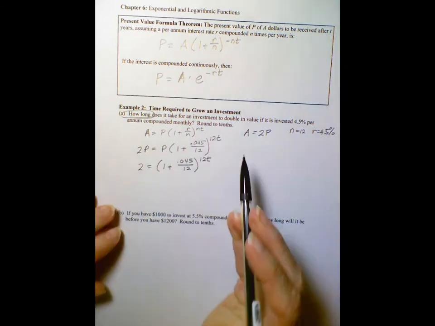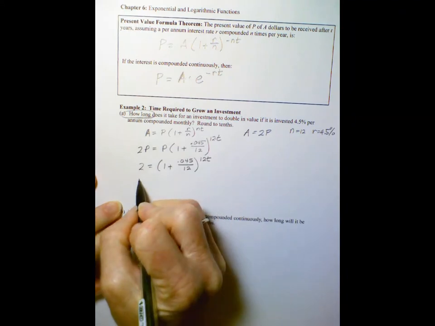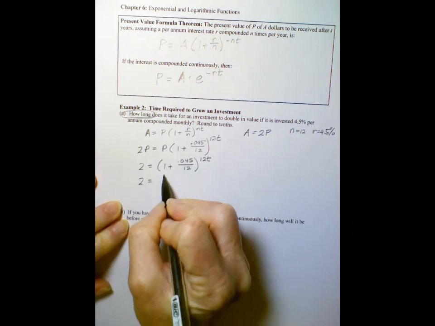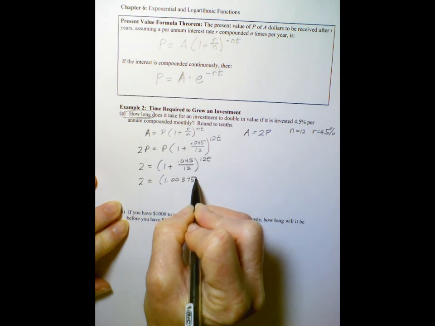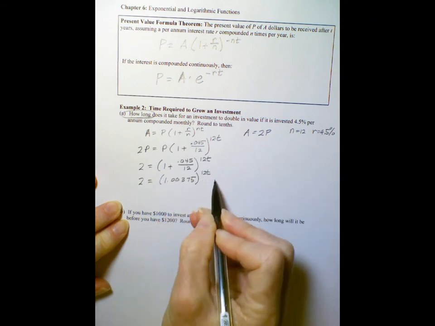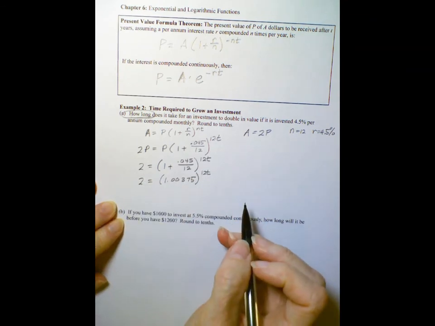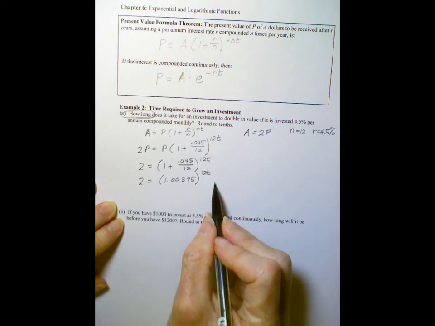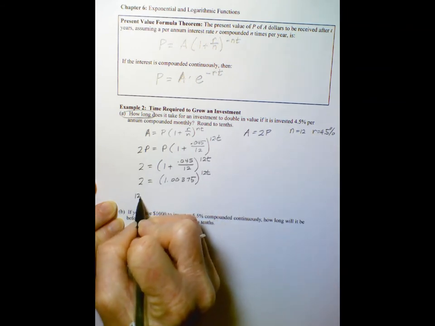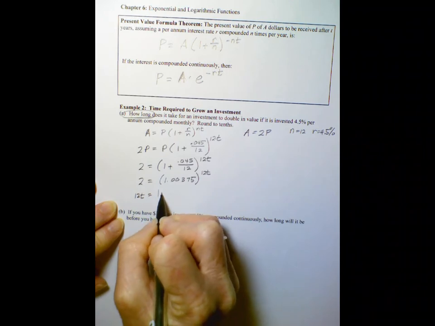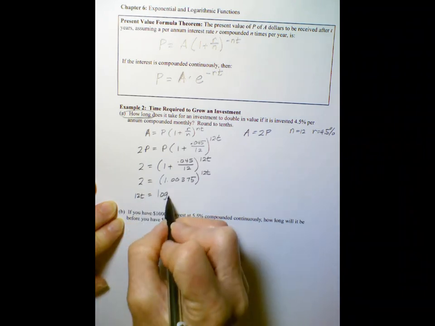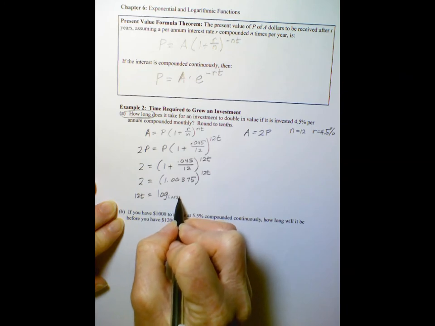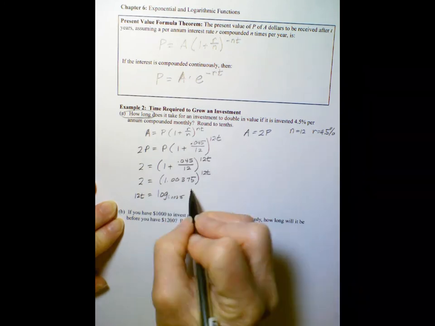All right. So simplifying that, I get 2 equals 1.00375 to the 12t. To solve that, I'm going to change it to a log equation. So 12t equals log base, what's the base? 1.00375 of 2, right?